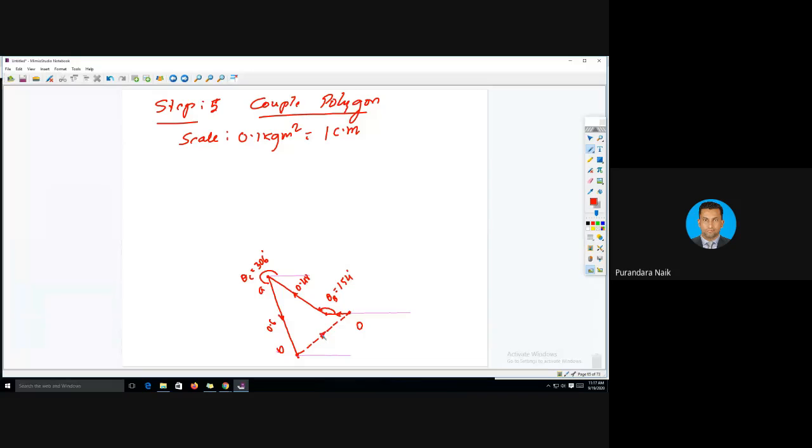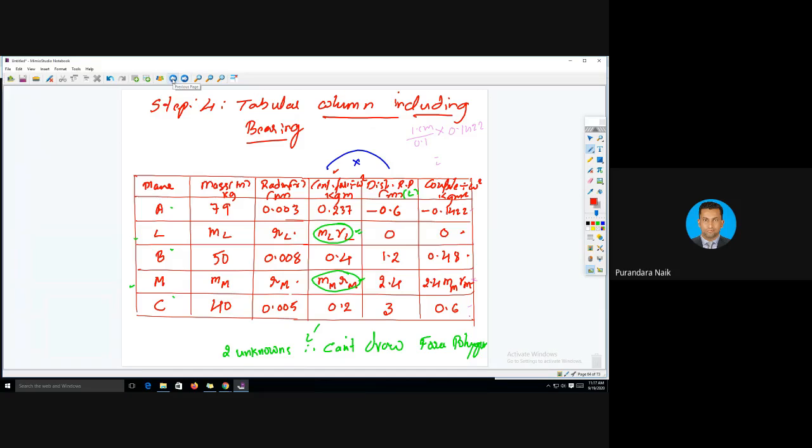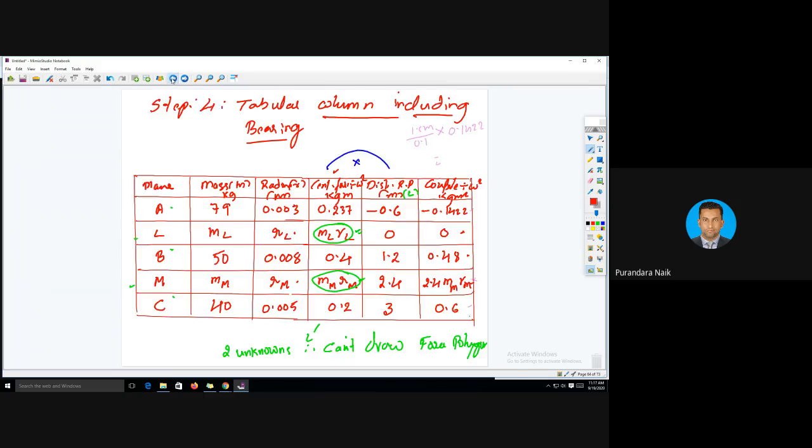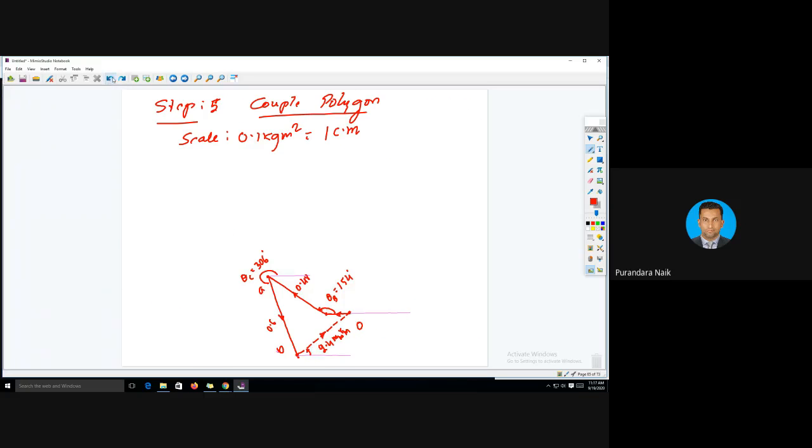This line indicates 2.4 into RM, and the corresponding angle is theta M.